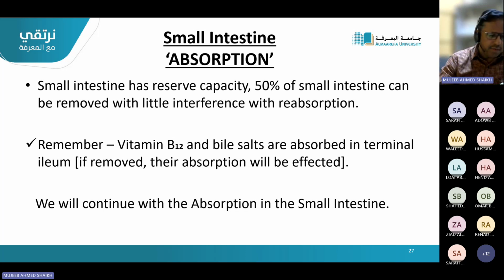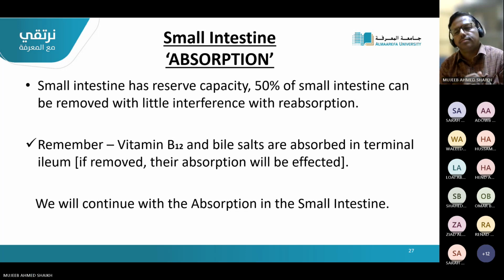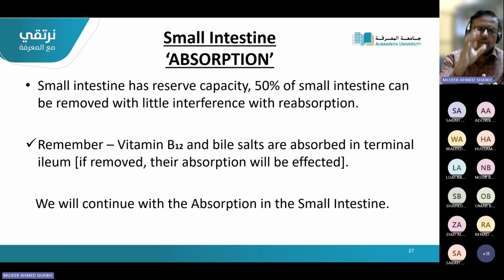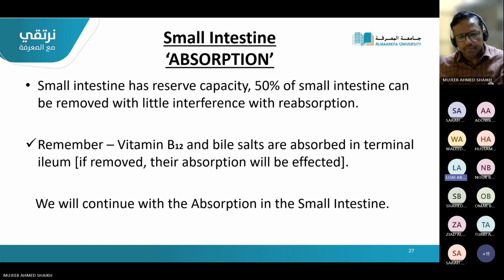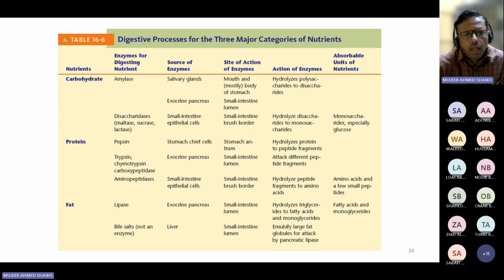Any difficulty up till now? Everything's clear? Any specific point you want me to repeat from this lecture? Doctor, should we memorize the table above? This table is a summary.